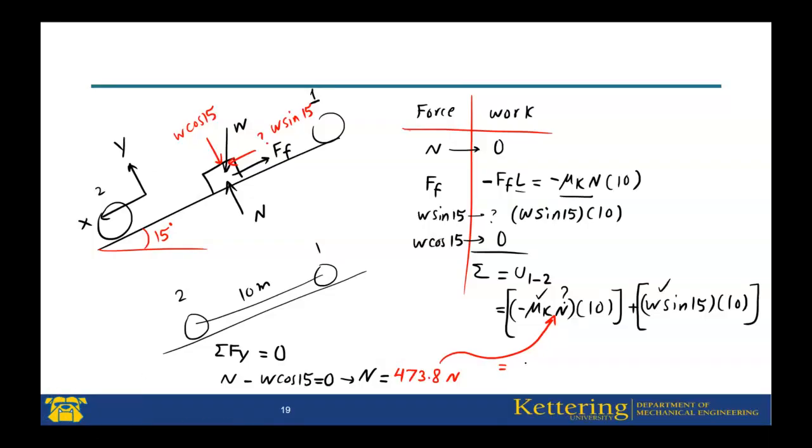This is equal to minus the coefficient of friction 0.3 multiplied by the normal force of 473.8 multiplied by 10, plus the weight, 50 multiplied by 9.81 multiplied by sine 15, multiplied by 10.